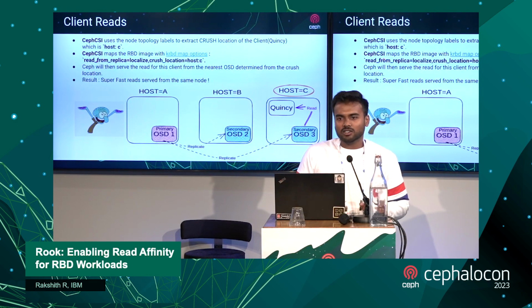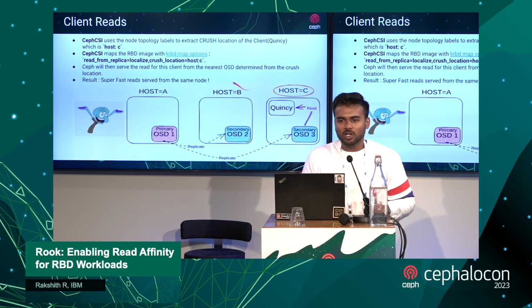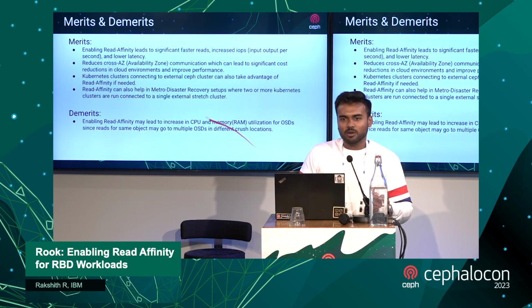The info about which labels Ceph CSI should read comes from Rook when Rook deploys it, or the user can set their own custom values. So we've achieved read affinity from the local OSD, which is the nearest wherever it is, instead of going all the way to the primary.